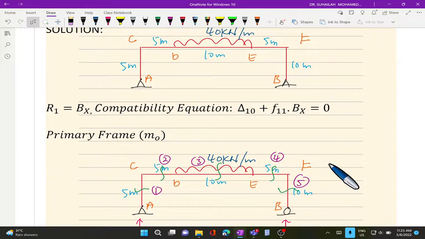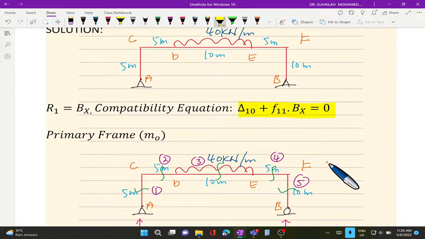It is delta 1 node plus F11 times redundant BX, which is equivalent to 0 unless there is a support displacement at position B. So this will be the equation.